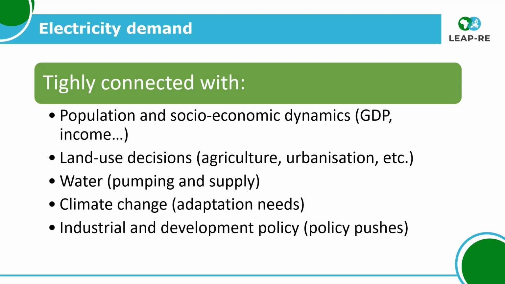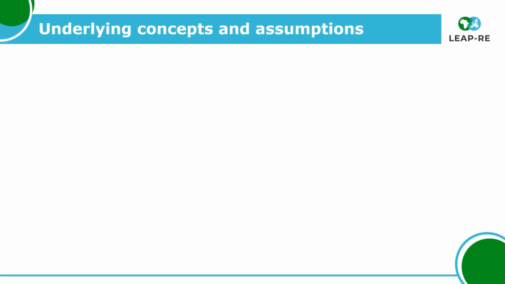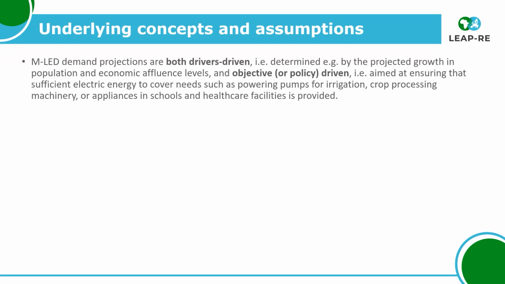And there are some policy pushes that occur at the national or subnational level, such as industrial and development policies that push the evolution of energy demand. So MLED, considering all these different characteristics and drivers and determinants of energy demand, works in a fashion where demand projections are both driver-driven, that is to say, determined by, for instance, the projected growth in population and economic affluence level.